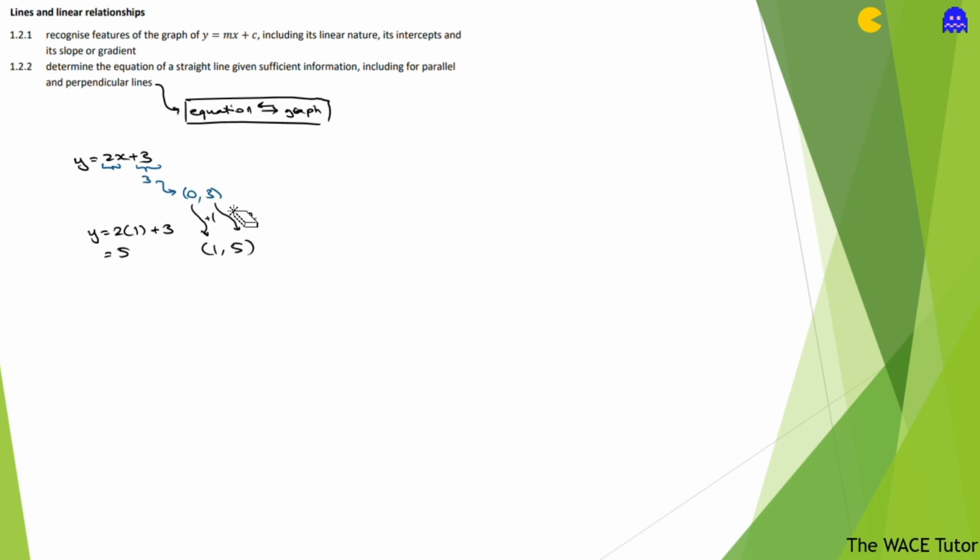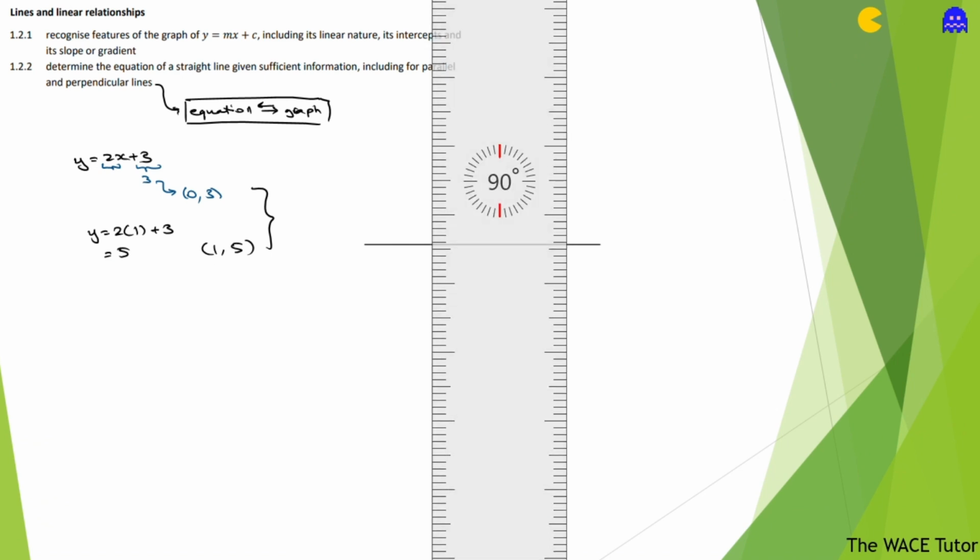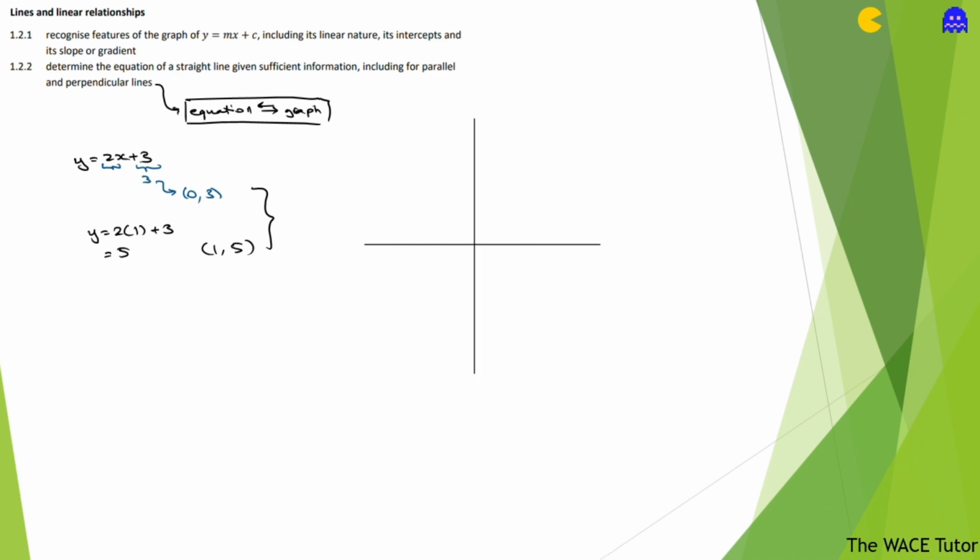Okay? This is all we need to graph the line y equals 2x plus 3. To graph any line, we only need 2 points, because through any 2 points, there is a unique line that passes through them. So if I graph this on a set of axes, so I have my x-axis here, and I have my y-axis like this. I will have a y-intercept of 3 here, and I will have a gradient of 2.